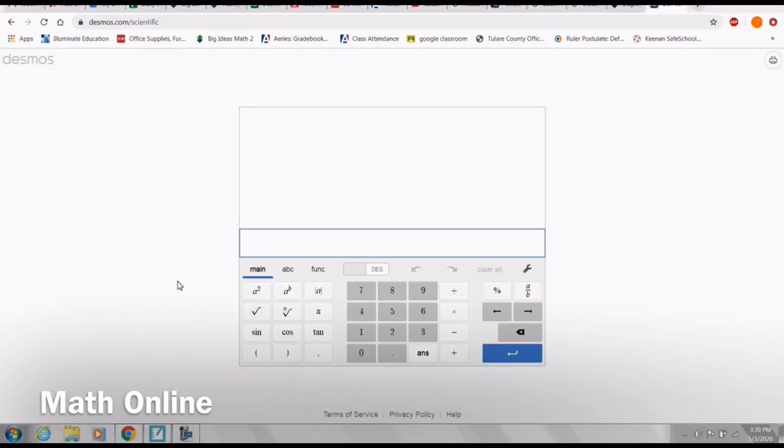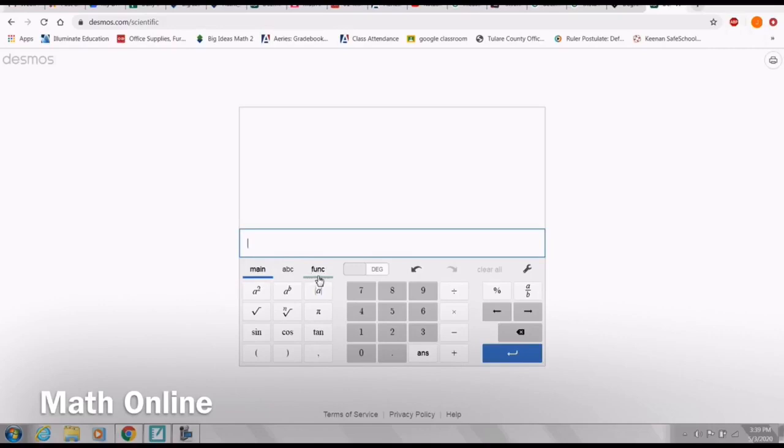The first thing is to double check that your calculator is on degree mode. As you can see, this is on degree mode already. I'm ready to start the problem. We know that we want to use the function inverse tangent, not just tangent, but inverse tangent. So you have to go to the menus on the top. Notice that there's the menu with main, ABC, and funcs for function.